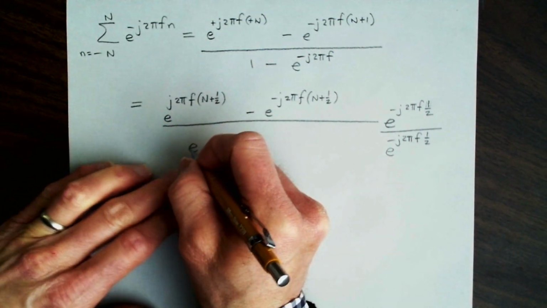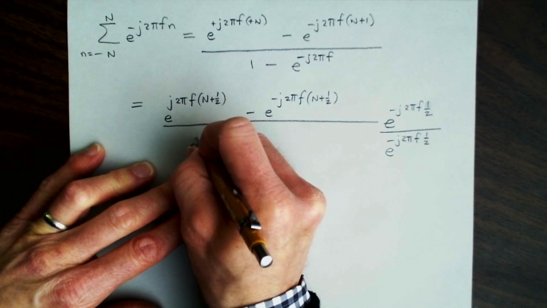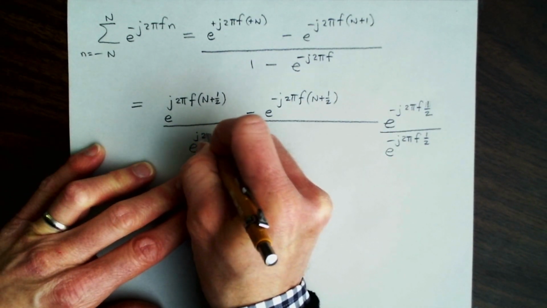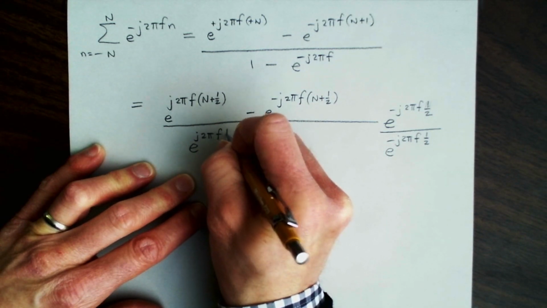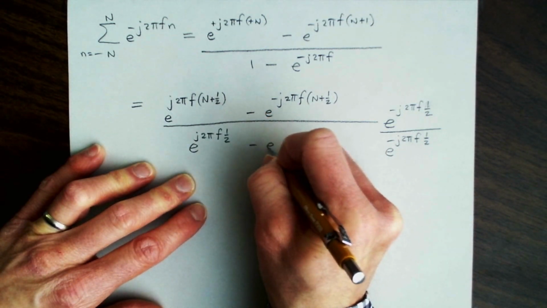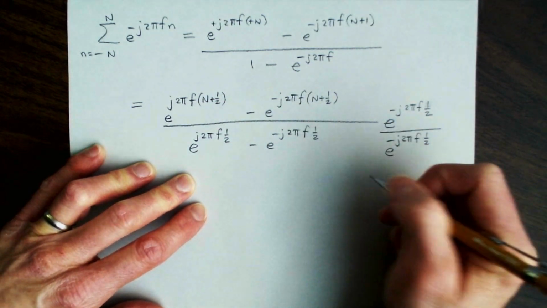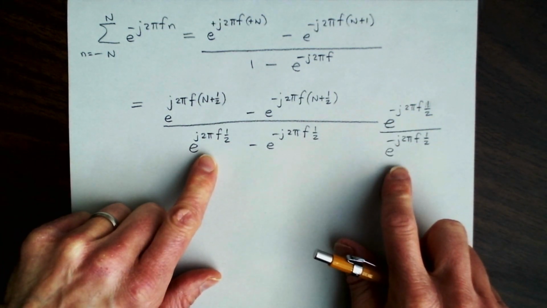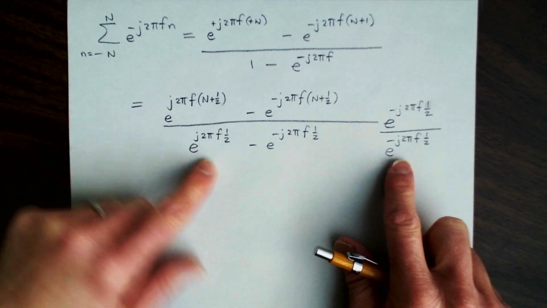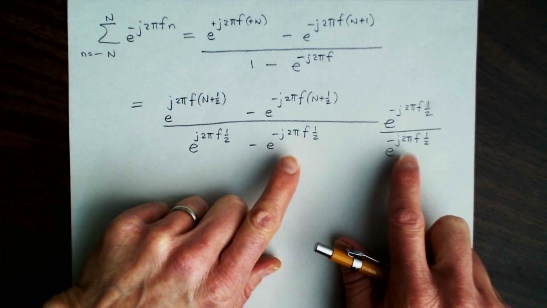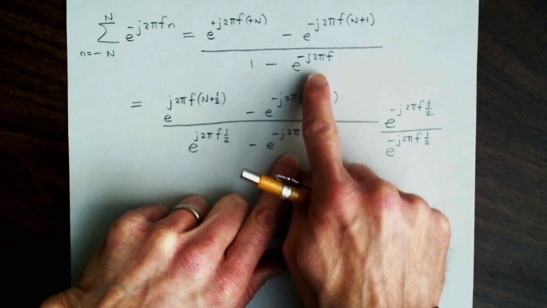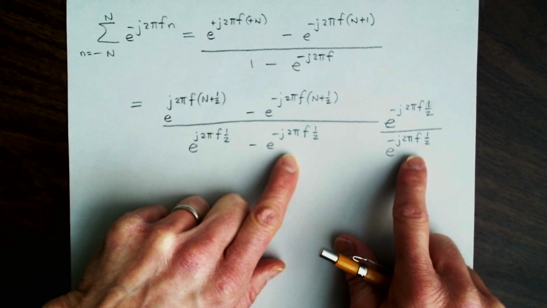And if I split that out here, I'll have e to the j 2 pi f times 1/2 minus e to the minus j 2 pi f times 1/2. Again, we could check by multiplication that if we multiply these together, we'll recover the 1. If I multiply these two together, I'll recover this other exponential that we have here.